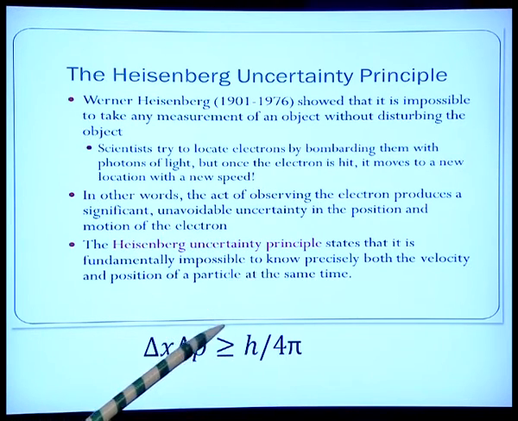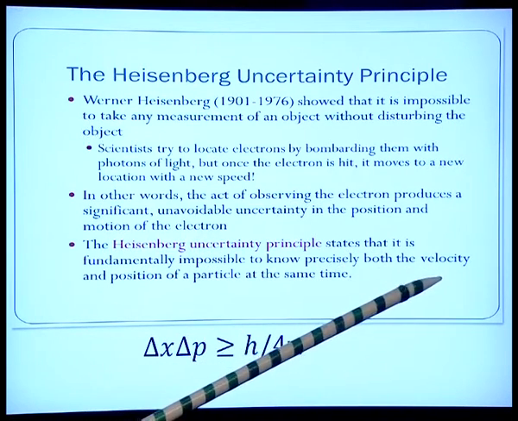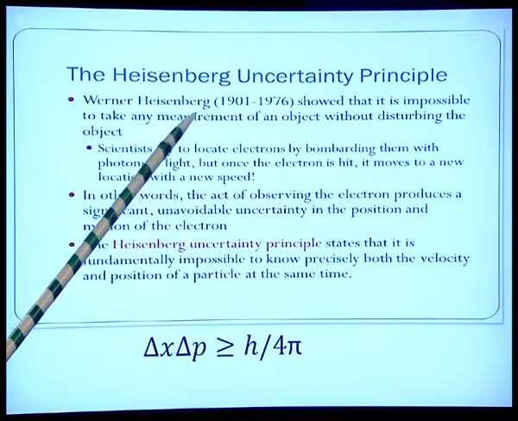That means it is fundamentally impossible to know precisely both the velocity and the position of a particle at the same time. Mathematically, uncertainty in position and momentum is always greater than or equal to h upon 4π. This is the Heisenberg uncertainty principle.